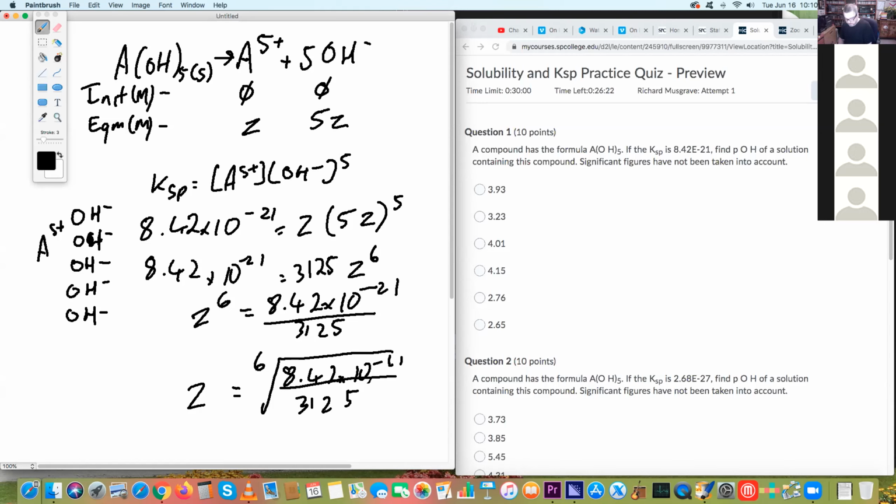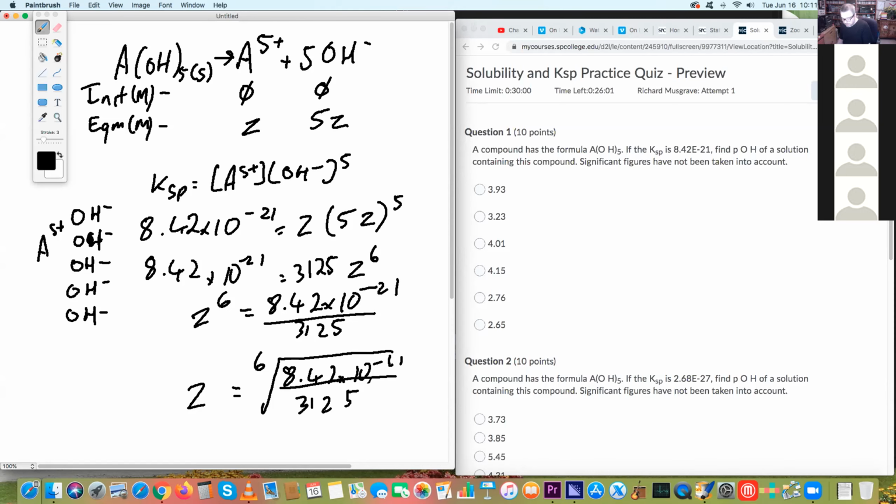So 8.42 times 10 to the negative 21 divided by 3125. And then take the sixth root of that, and that'll be to the power of 1/6.